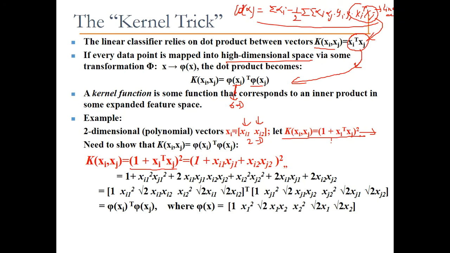Now xi is a vector of 2 values, and xj is also a vector of 2 values. So xi would be xi1, xi2 transpose, and xj would be xj1 and xj2.